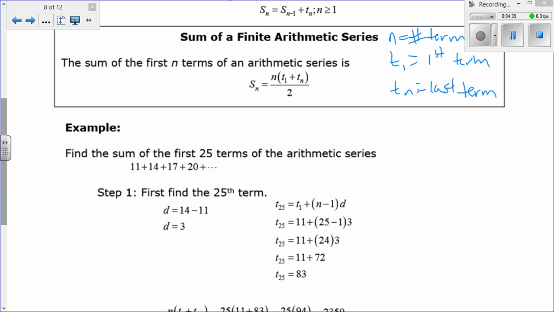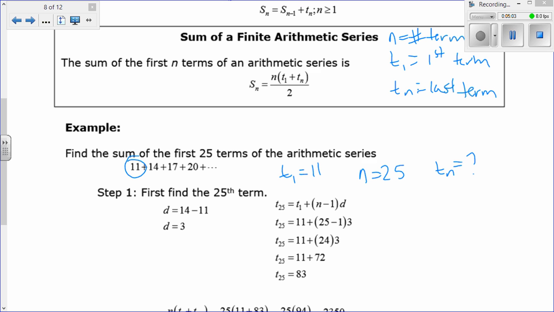N is the number of terms, so in this case n is 25. T sub 1 is our first term, which is 11. And t sub n, we don't know, so we actually have to look at our series and find the 25th term.